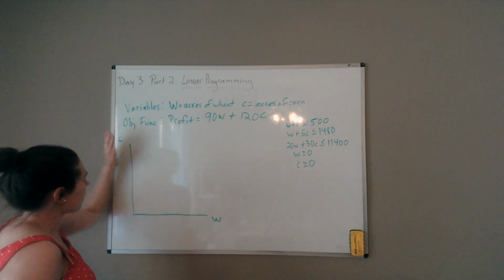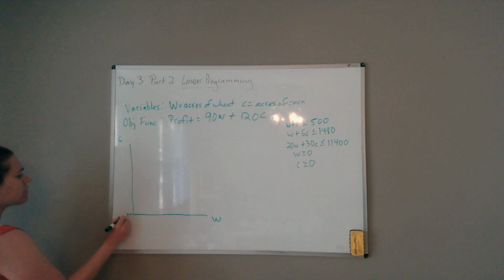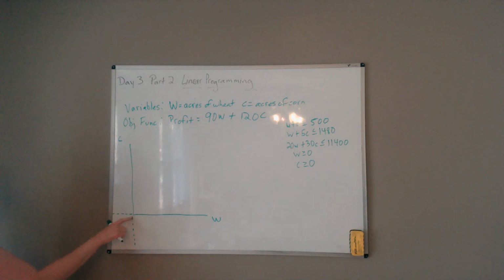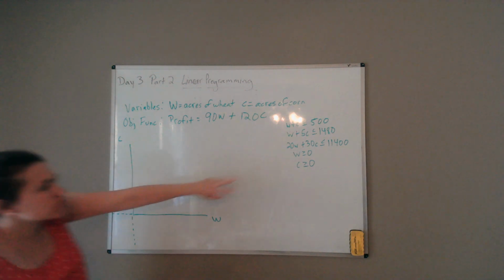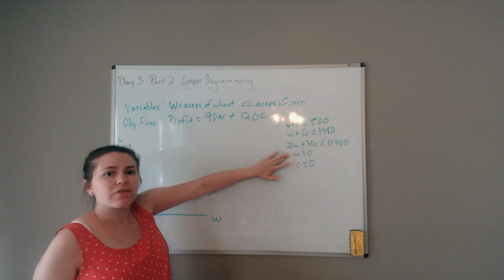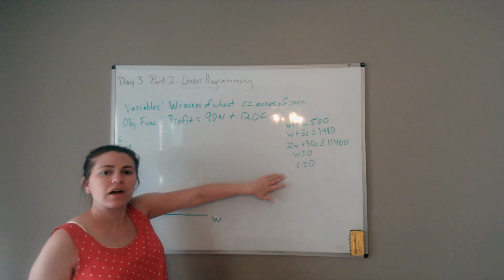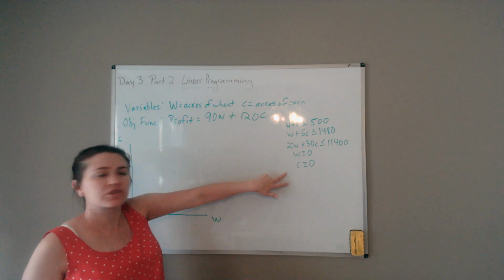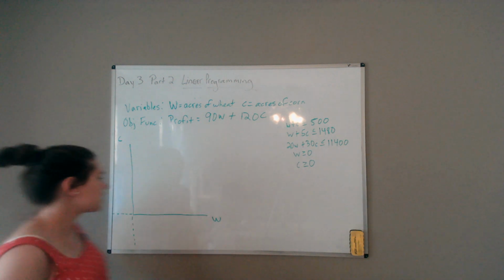That's cutting off, okay? If you imagine your coordinate plane would really go this way, okay? Here's the origin of your coordinate plane. These two constraints are saying that you have to have a positive number of acres or no acres of wheat and corn.